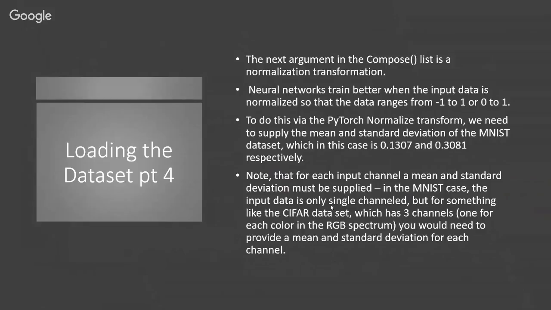Note, for each input channel, a mean and standard deviation must be supplied. In MNIST's case, the input data is only a single channel, but for something like the CIFAR dataset, which has 3 channels, 1 for each color in the RGB spectrum, you will need to provide a mean and standard deviation for each channel.